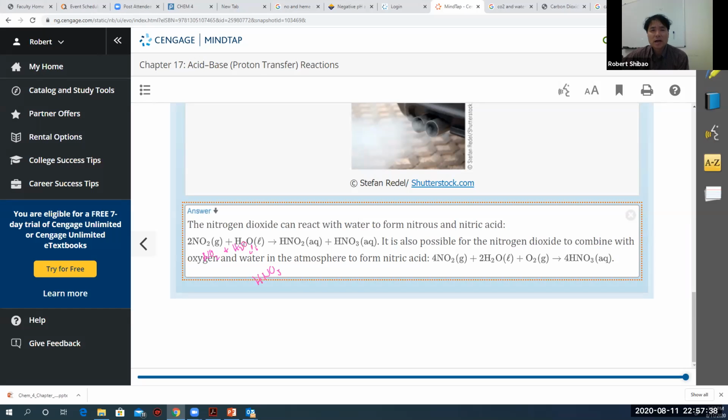To balance things out, we have two NO2s reacting with the water. One's going to form HNO2, nitrous acid, and nitric acid. The nitric acid is going to cause acid rain.